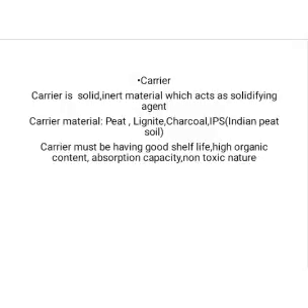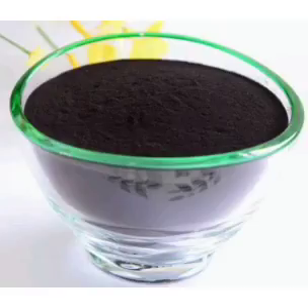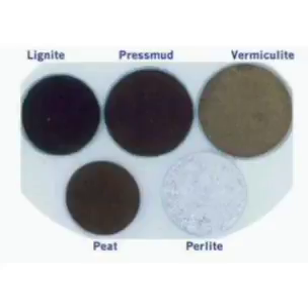Some of the carriers are peat, lignite, charcoal, IPS, that is Indian peat soil, etc. Criteria for selection of carrier material: it must be cheaply and easily available, it must be non-toxic in nature or should not harm any of the organism, it should have good absorption ability, it must have more shelf life, it must have good moisture holding capacity, it must be easily pulverizable and sterilizable, it must have good adhesion with seed, and it should have high organic content.